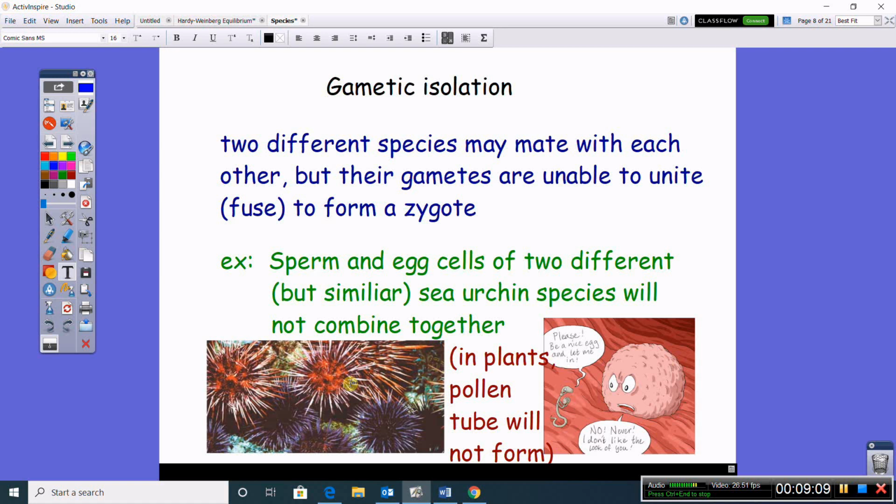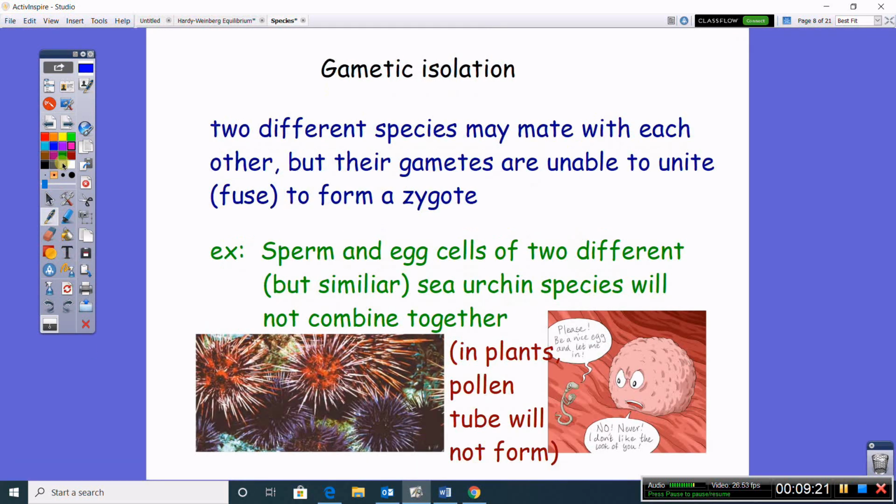And again, that's usually because they're releasing those gametes into the water, so we've got to make sure that there's species-specific markers on them. In plants, it says the pollen tube will not form, so that's still considered to be gametic isolation. So think about it in this sense.